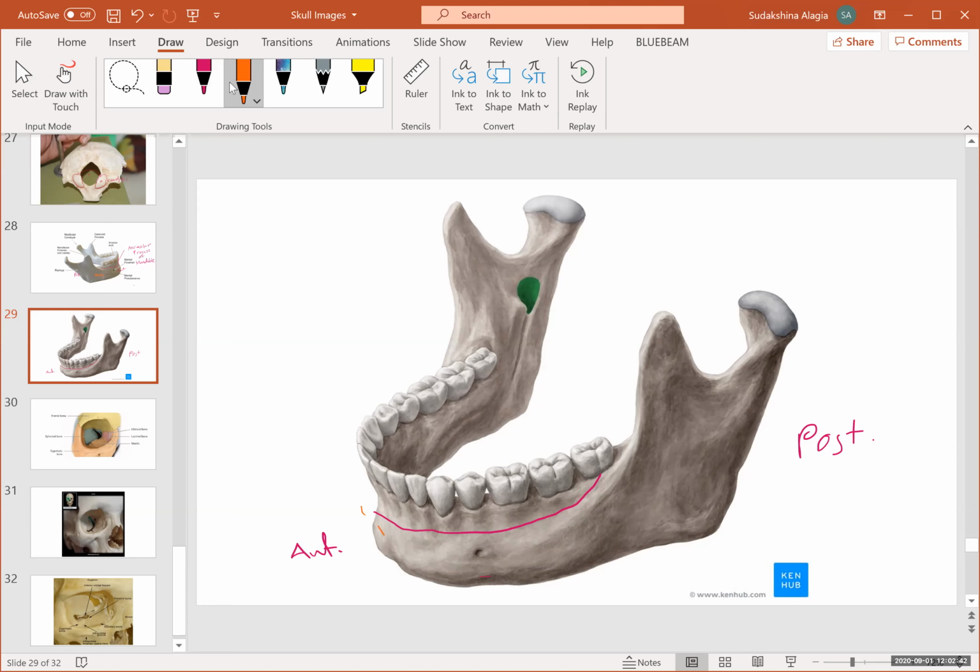The rest of it, what I'm drawing orange dots over, all of this, is what we refer to as the body of mandible. The anterior part of the mandible, if you remove the alveolar process, what remains anteriorly is the body of the mandible. Within the body of the mandible, there is a foramen.